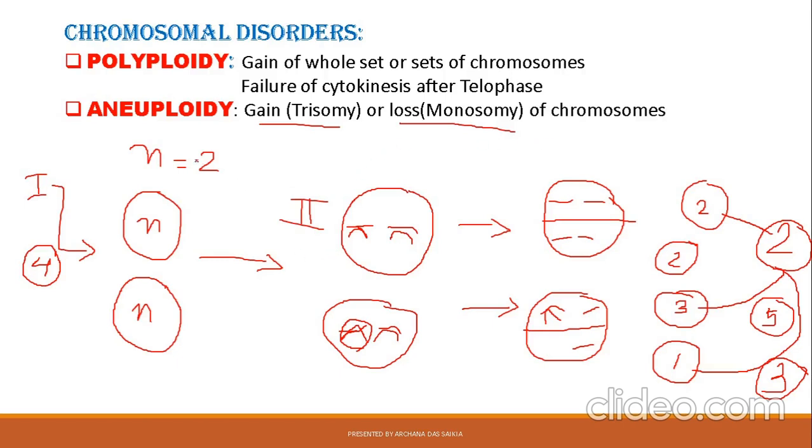Now, such cases do exist in humans. But they are not hereditary. That means it may happen in an individual's lifetime during gamete formation, once, twice, thrice, we do not know. Such abnormal divisions can happen. The reason is not yet exactly detected.